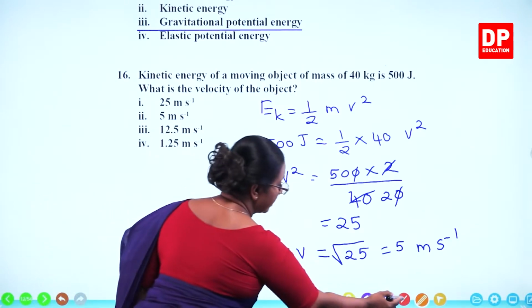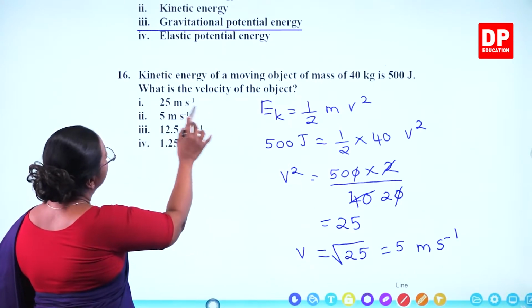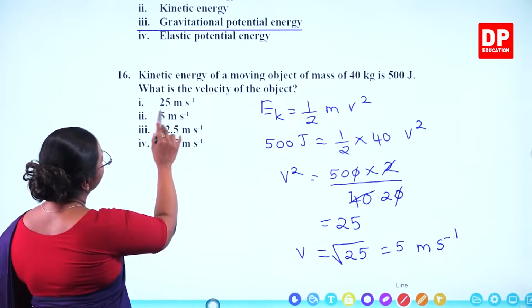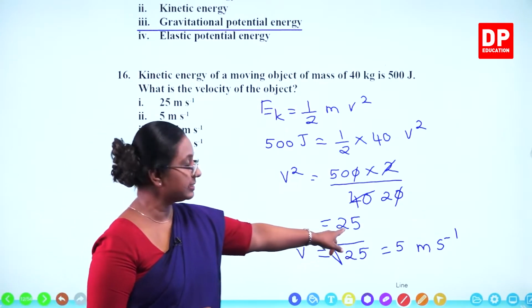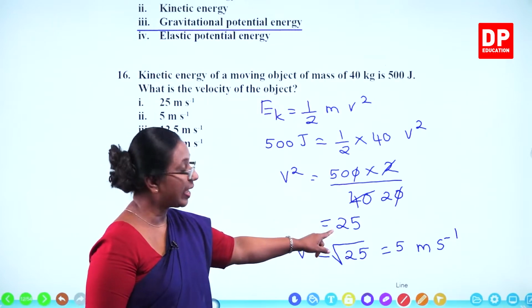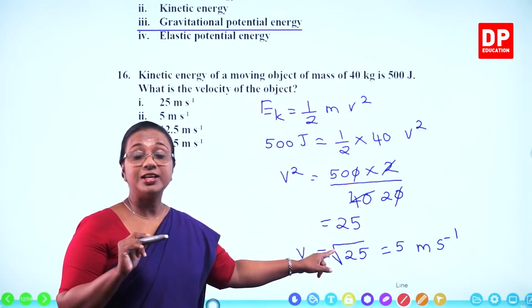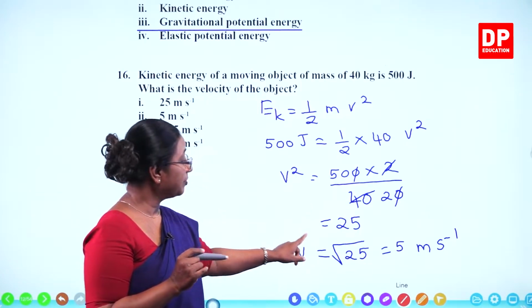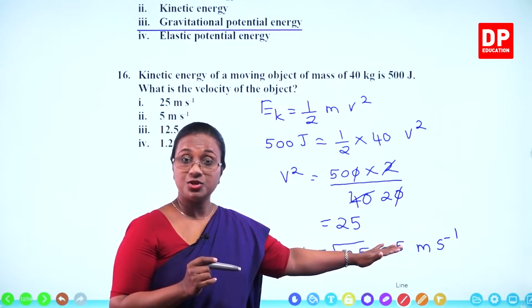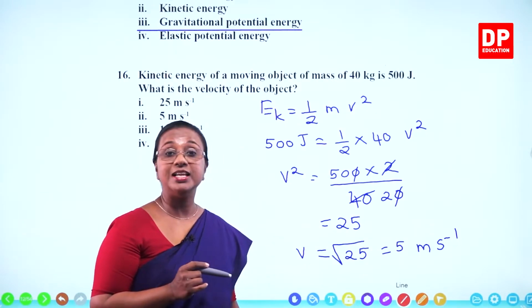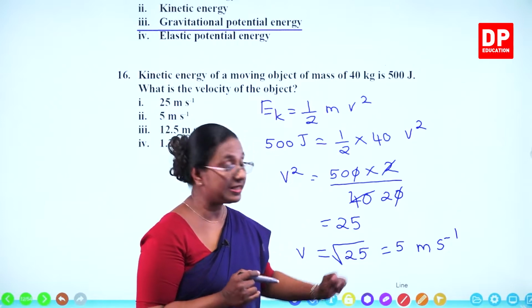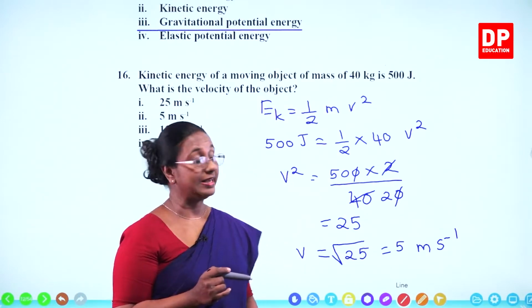If you look at the answers, what is the velocity of the object? 25 meters per second. That is this answer. That is v squared. So you all have to be careful again, students. When you come to this point, you should not stop the calculation. You have to find v. v is found by taking the square root of 25.